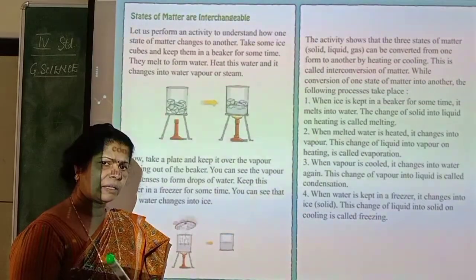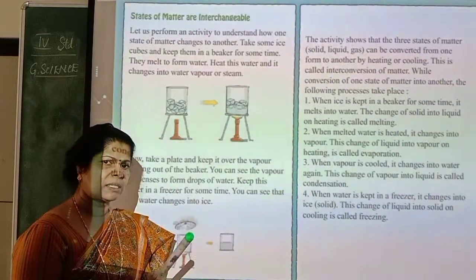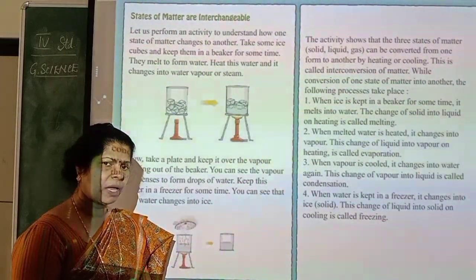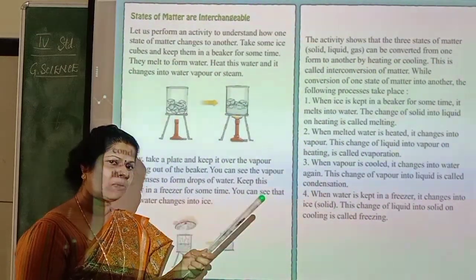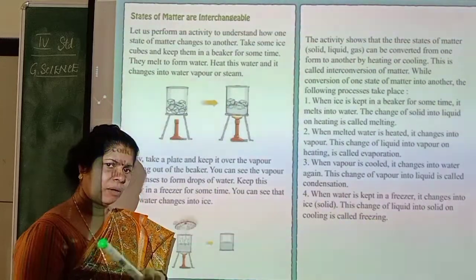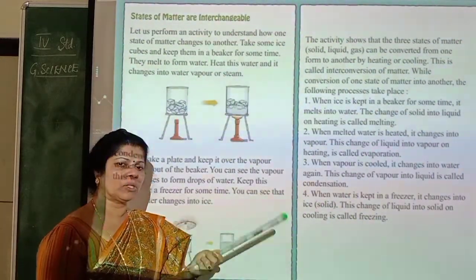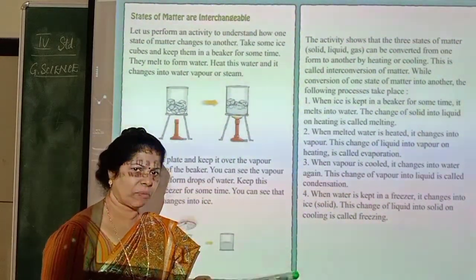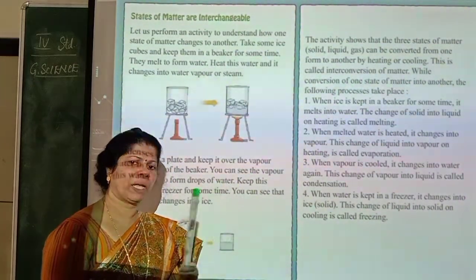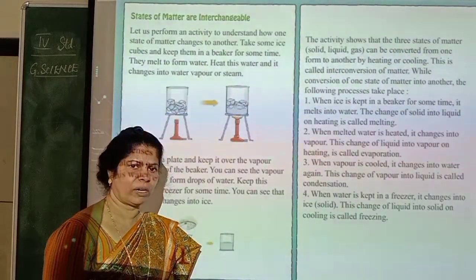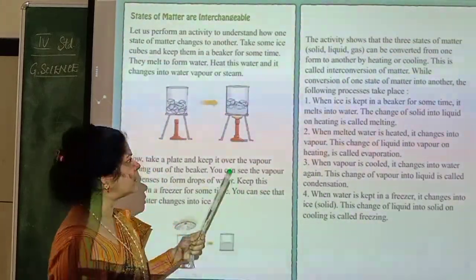Liquid when heated turns to gas, that is in the form of steam or water vapor. Water vapor is cooled. What happens? The gas state will become into liquid. Steam will turn into water, which is in the form of liquid. Again that liquid, if you freeze, what happens? It becomes into ice, again in the solid form. So you can see that there is a change.